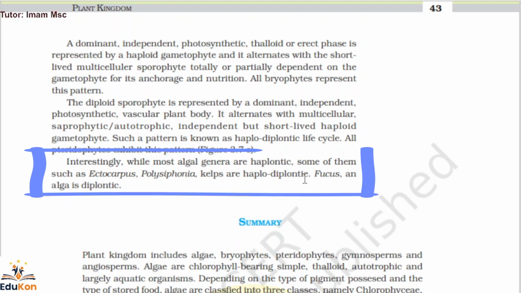Generally, algae exhibit the haplontic life cycle, and you can see Fucus is diplontic. These examples are quite important. We need to remember these names, because questions may come like, which of the following algae exhibits the haplodiplontic life cycle, and which of the following algae exhibits the diplontic life cycle. These are exceptions, and exceptions may come directly as questions.